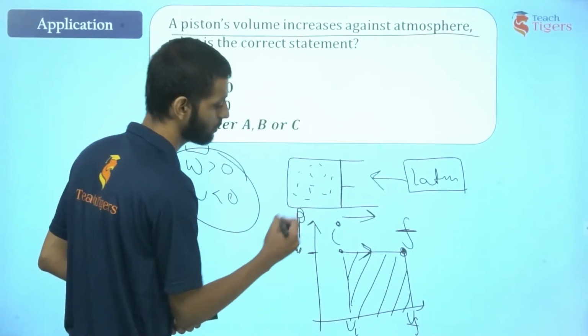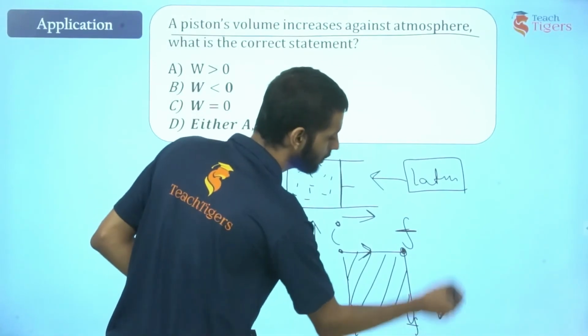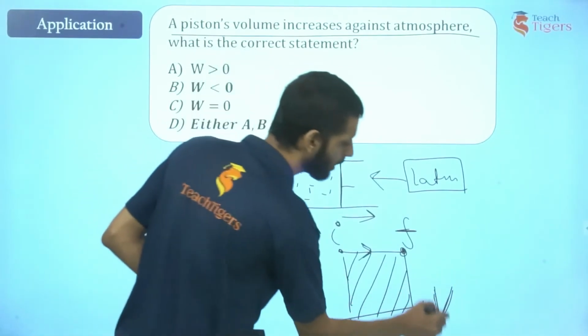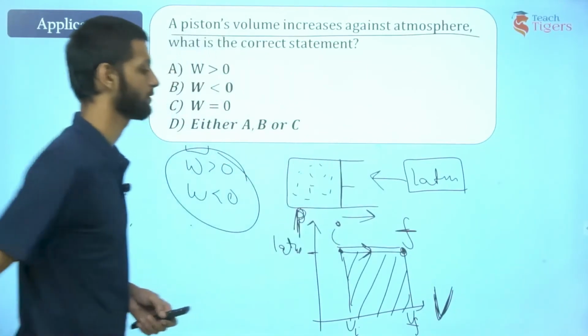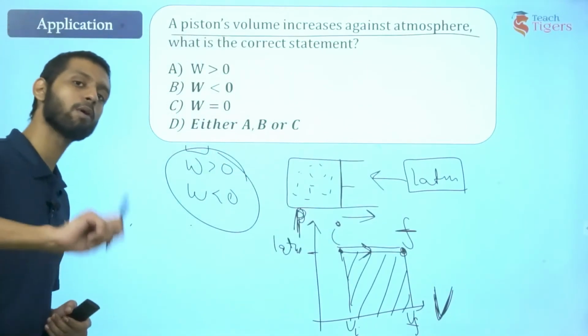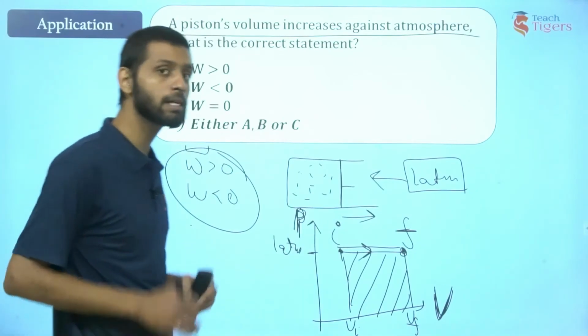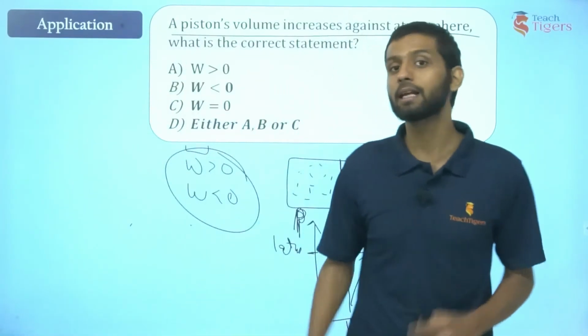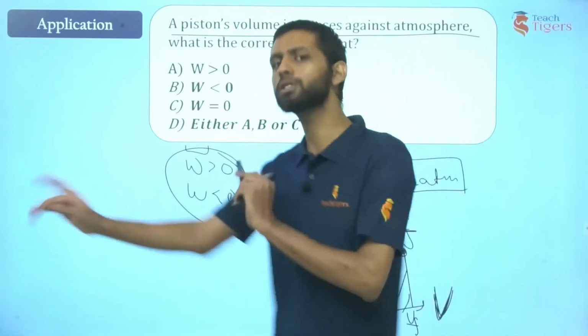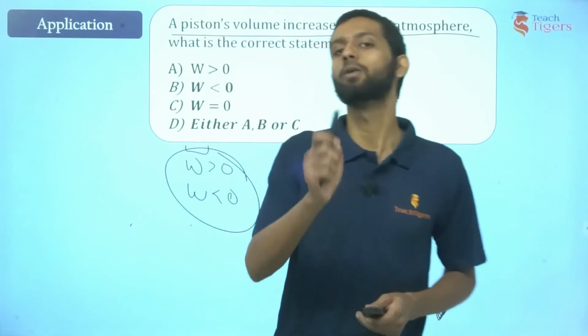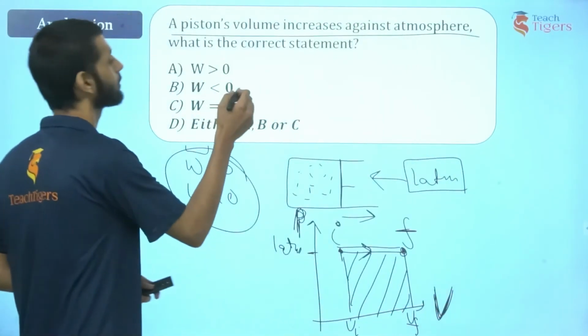If I have pressure over here, if I have volume over here, then the work is given by the area under the graph. And now, whether it is positive or negative, if a system is pushing the atmosphere, then it is using its own energy to do it. Like the piston is using its energy to push against the atmosphere. As a result, work done should be negative.